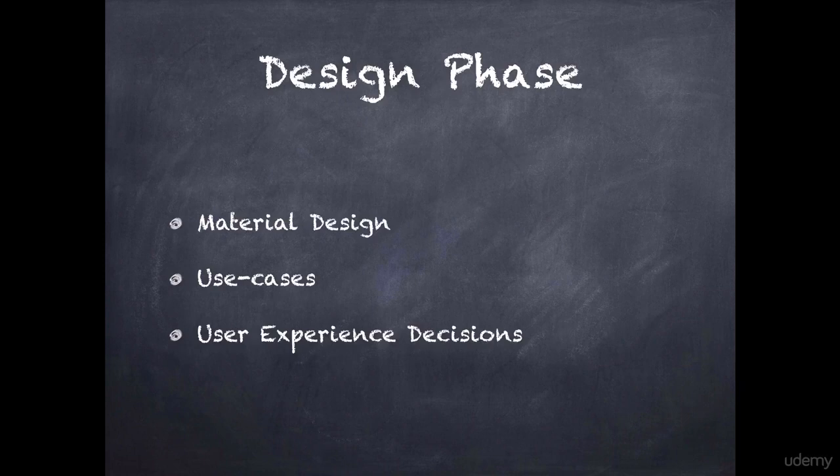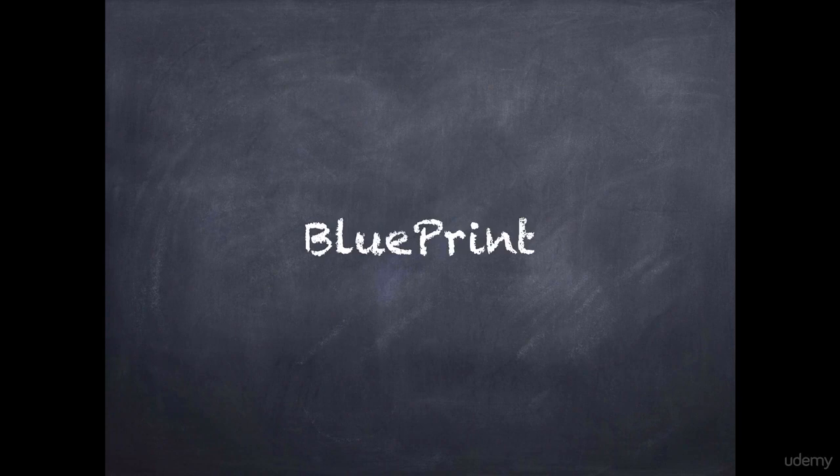Because this advanced Android course is centralized around our app idea, we're going to look at some use cases of our application Blueprint. Just to recap, Blueprint is for all the people out there who have ever been on a team. You know that being on a team is something where you have to keep track of who's doing what, and you have things that you have to do, and you have to keep track of things that your other teammates are doing.